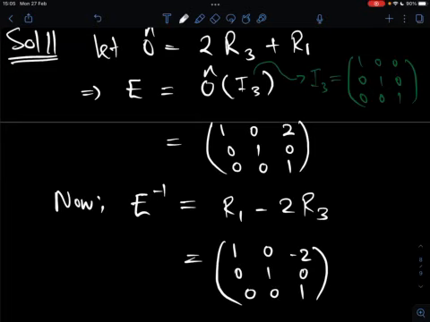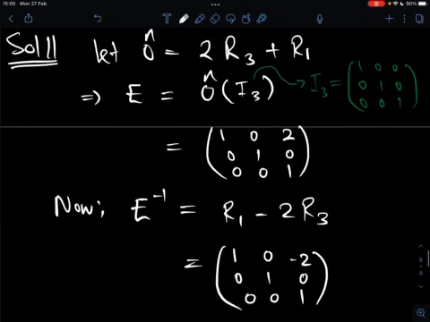So this is our E and E inverse. Every time you're given an elementary matrix E, which adds a certain multiple of one row onto another row, you can simply obtain the inverse by removing what you've just added to that row. Then you get the elementary matrices that you need.